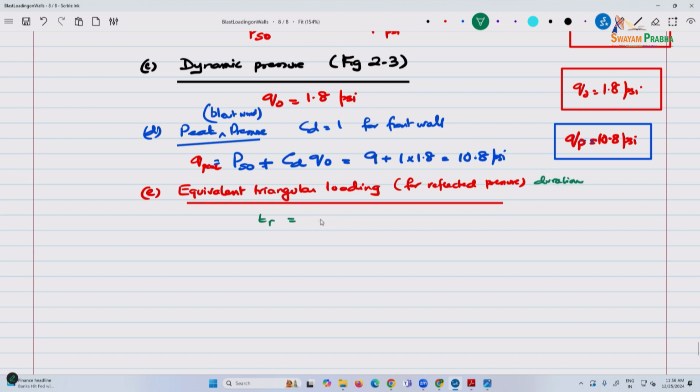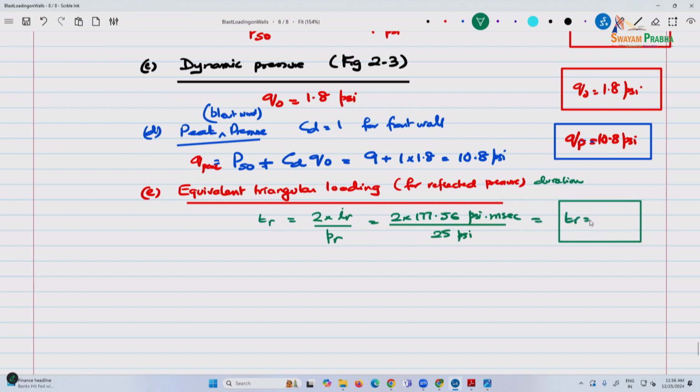So TR is 2 times the reflected impulse divided by PR. So this is 2 times 177.56 milliseconds divided by 25 psi. So this comes to TR of 14.2 milliseconds.